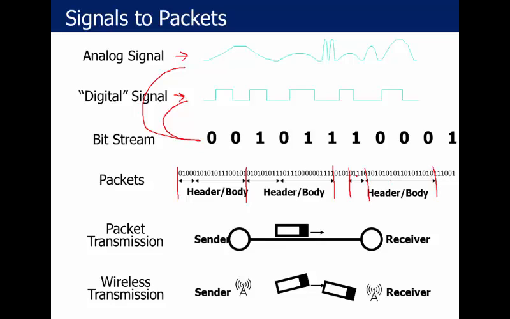But if they are continually mixed together, then it's very hard to identify this is a new header and body. This is a new packet. Identification of a new packet is not really simple.